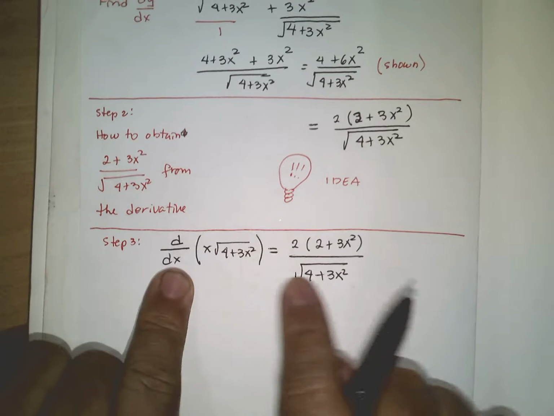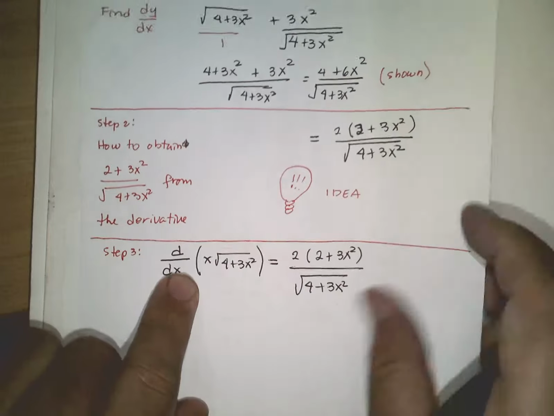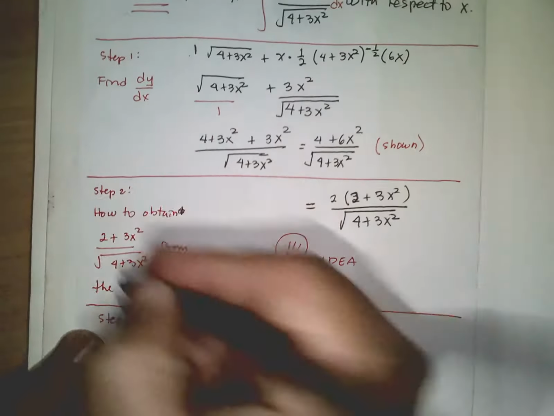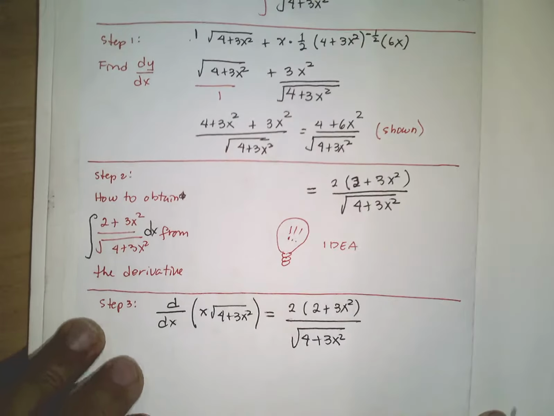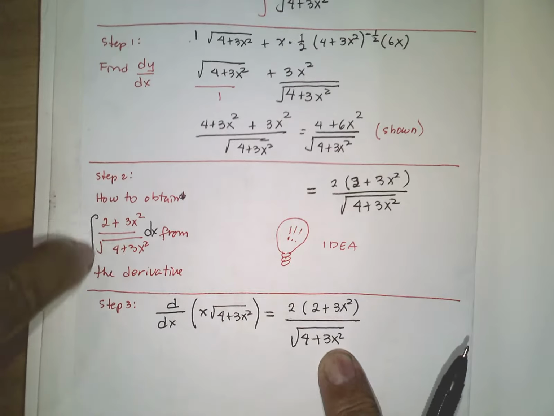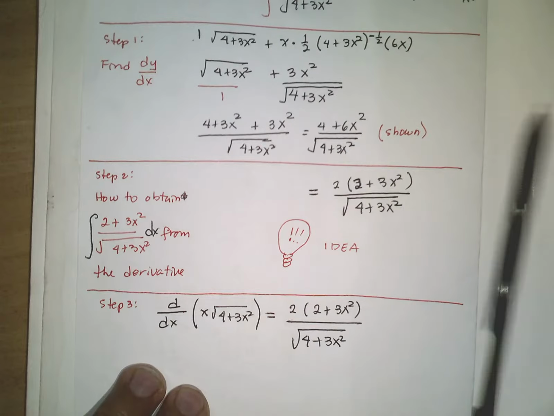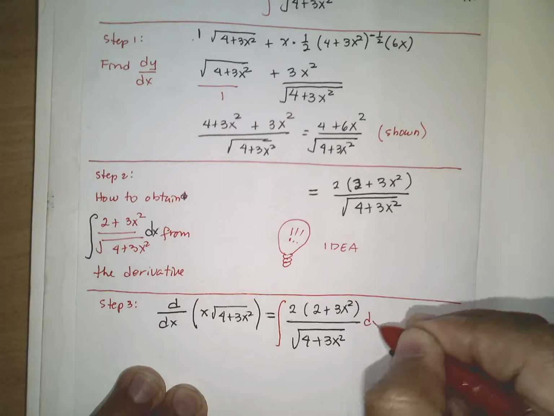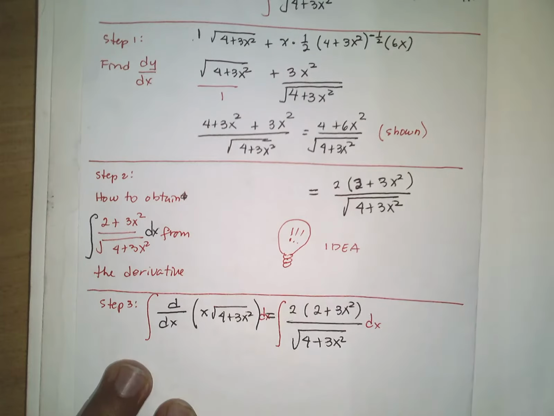This step number 3 is very important. So now what you are looking for is this expression. So we want to get this expression from here. We want first to have that integral in that dx. So therefore, we're going to take the integral of both sides, again with respect to x.